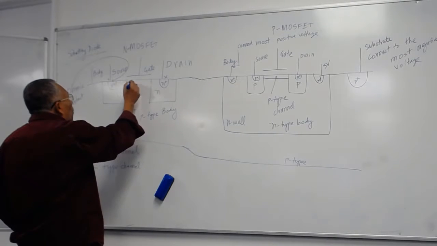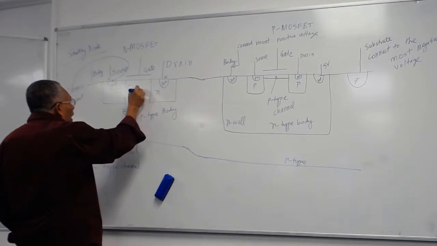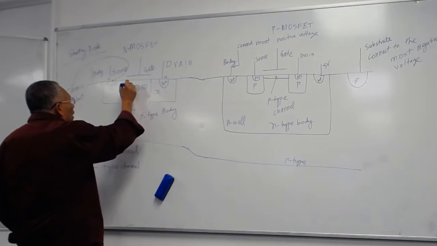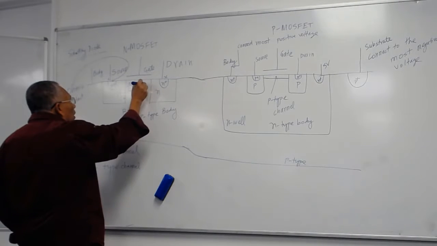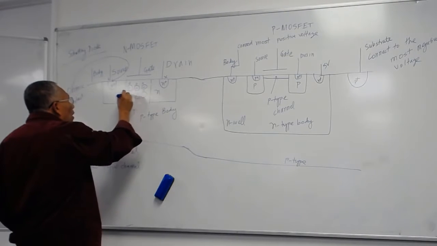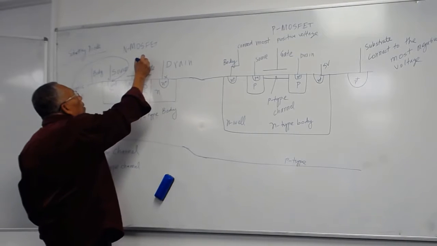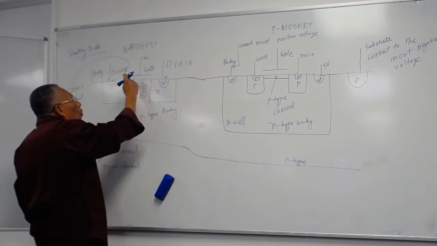Look under the channel, what do you have in the channel? You have P-type. That means you have acceptor ions and holes. This is what you have in the P-type material, acceptor ions and holes. So if you apply positive voltage here, all the holes will be driven out.